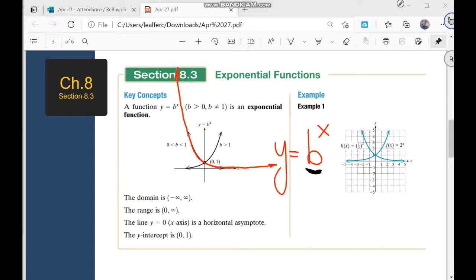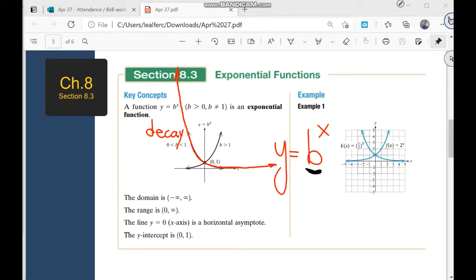This is called decay, because the value of y, the value of the function, goes down and is decaying. It's getting lower and lower.